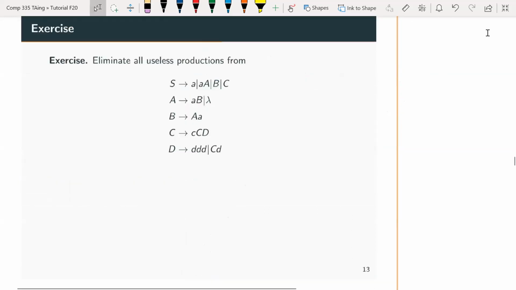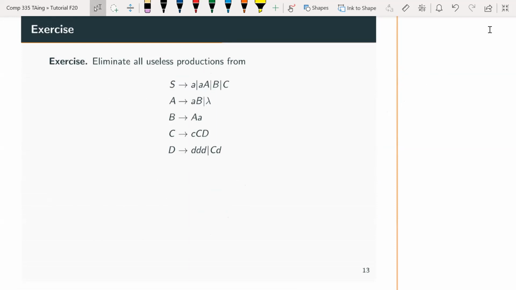If it's not, let's do a quick exercise. How am I doing on time? Not too great. So let's do maybe 30 seconds because I want to finish in time for an exercise.